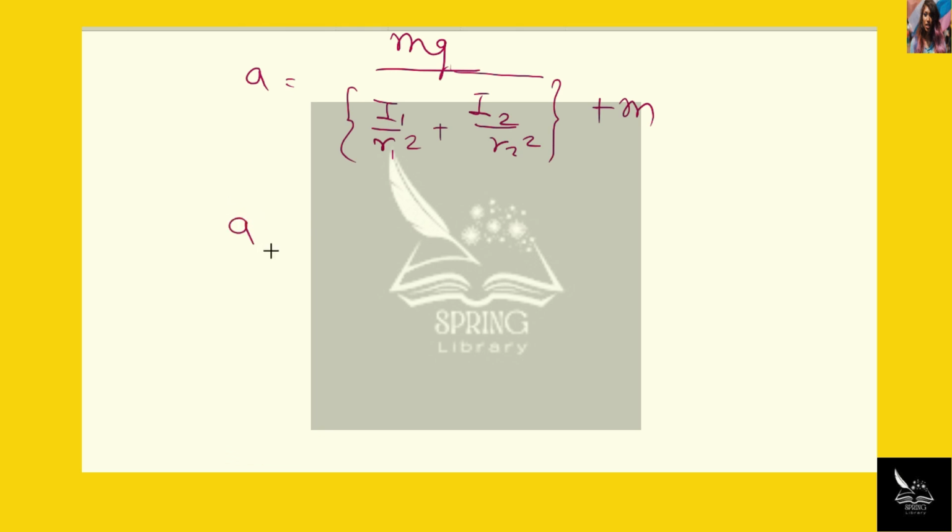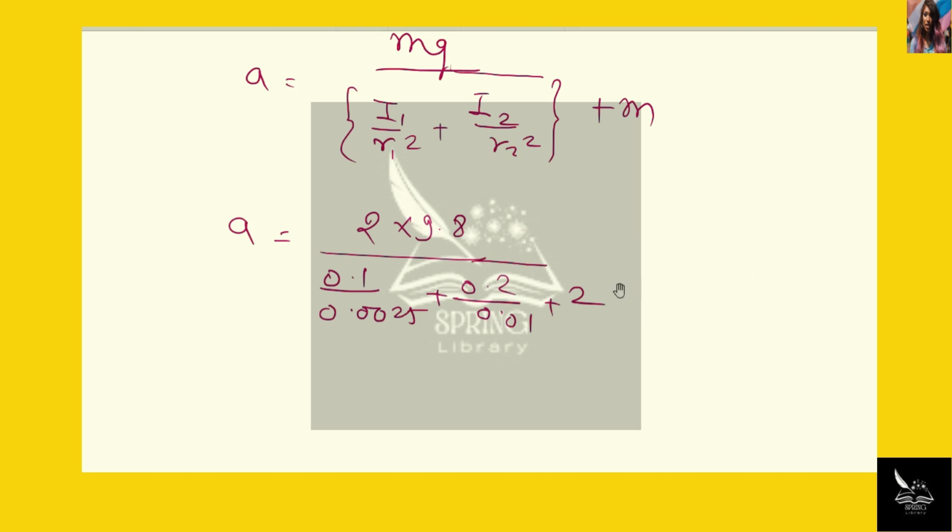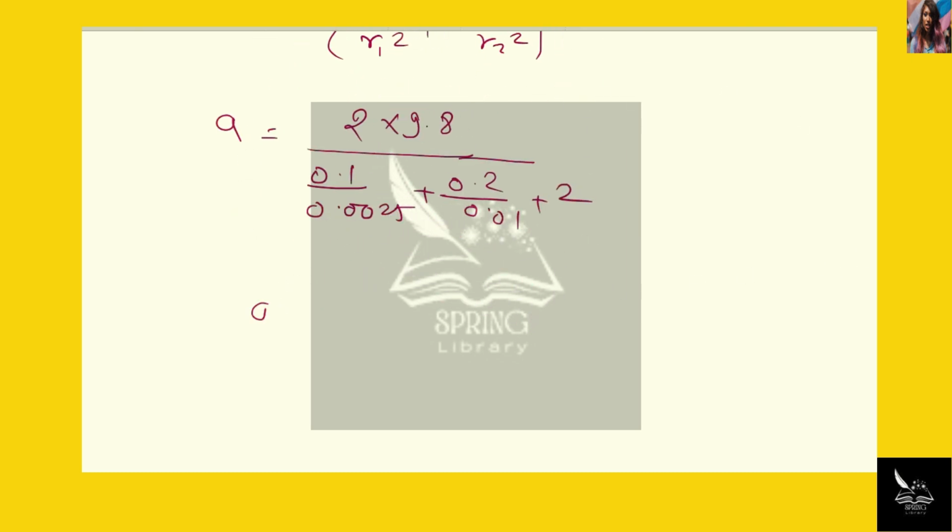So we get A equals 2 into 9.8 divided by (0.1 upon 0.0025 plus 0.2 upon 0.01 plus 2). After solving this, we get acceleration A as 0.316 meter per second square.